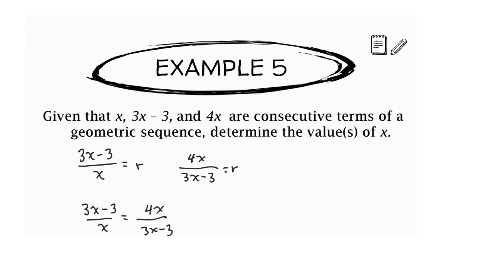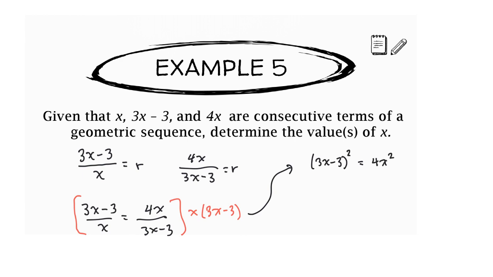Solving this proportion involves nothing more than multiplying both sides of this equation by the quantity x times 3x minus 3 in order to clear the denominators. That creates the quadratic equation (3x minus 3) squared equal to 4x times x, also known as 4x squared.